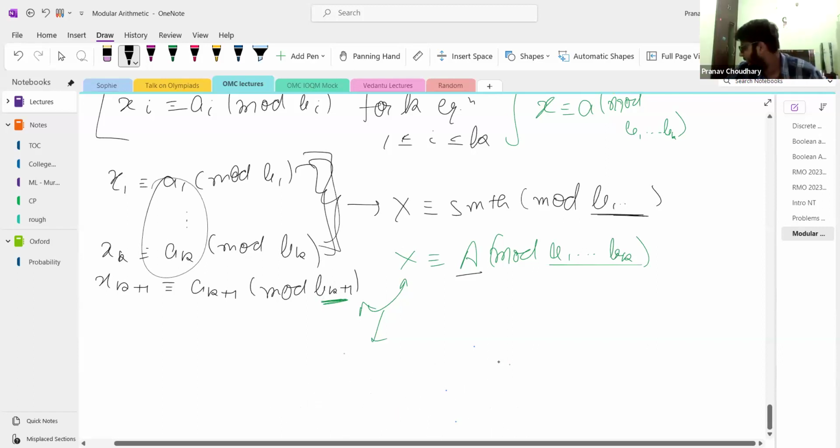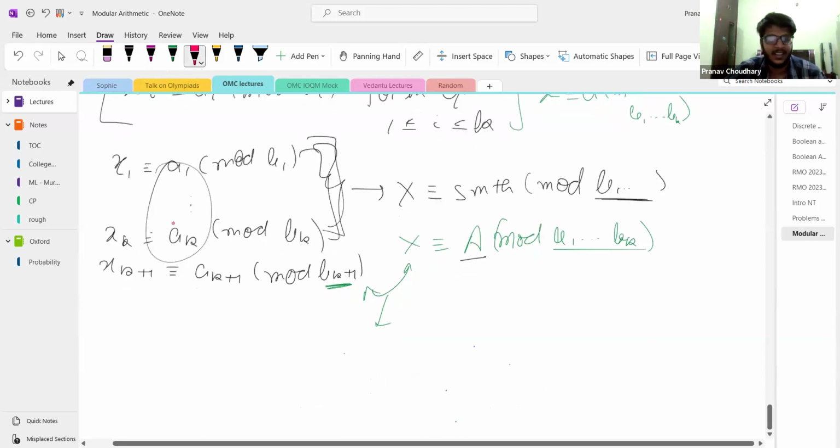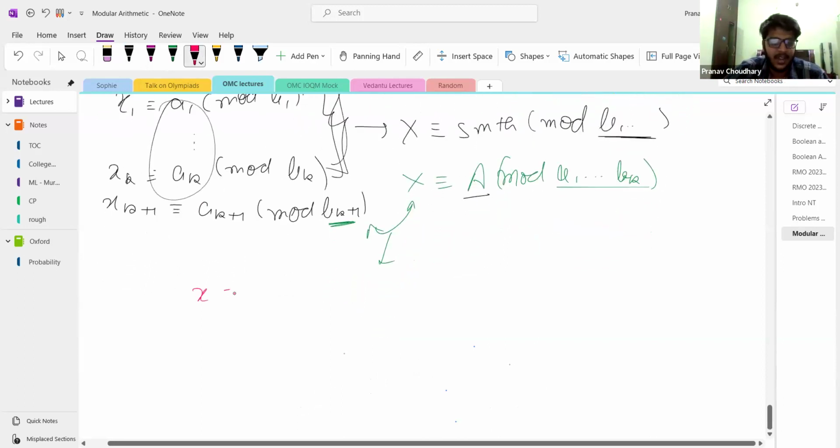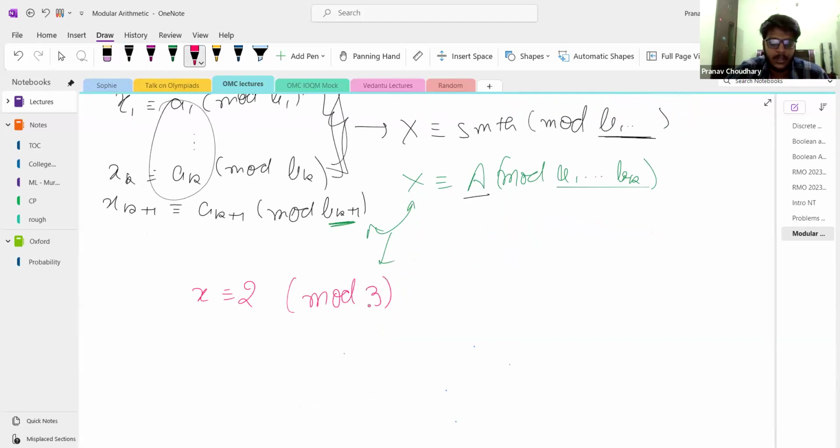There definitely is a way. I forgot how. I used to solve this kind of equation, but I don't remember. Let's try if I can recall. So let's say you have x congruent to 2 mod 3. Also, by the way, in proof-based contests you usually wouldn't need to find this A. Rarely. At best, you'll be asked to find this in something like IOQM where you need to solve these equations, but you'll still see a way.